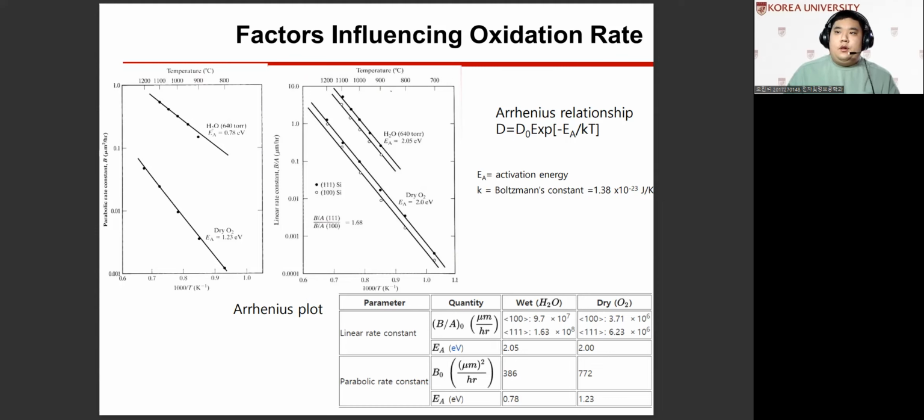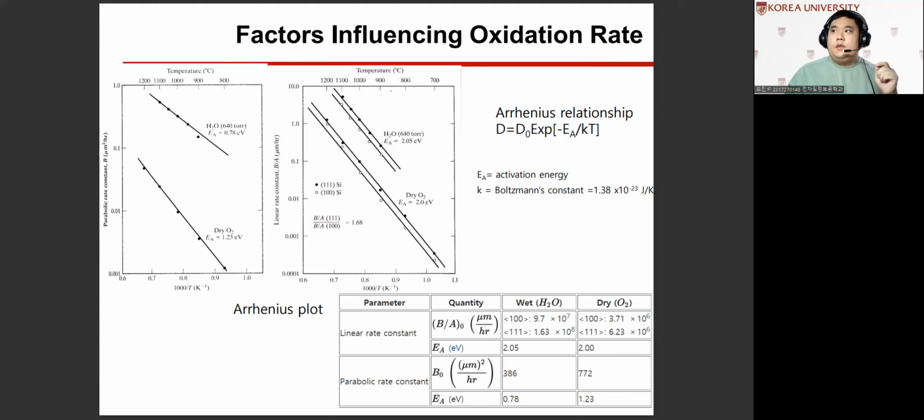For example, if the ambient pressure gets higher, even though the temperature is fixed, the oxidation rate is faster. This is sometimes used when the high temperature of normal oxidation cannot be used, because normally oxidation occurs at around 900 to 1000 degrees Celsius, but in some cases we cannot use this high temperature.